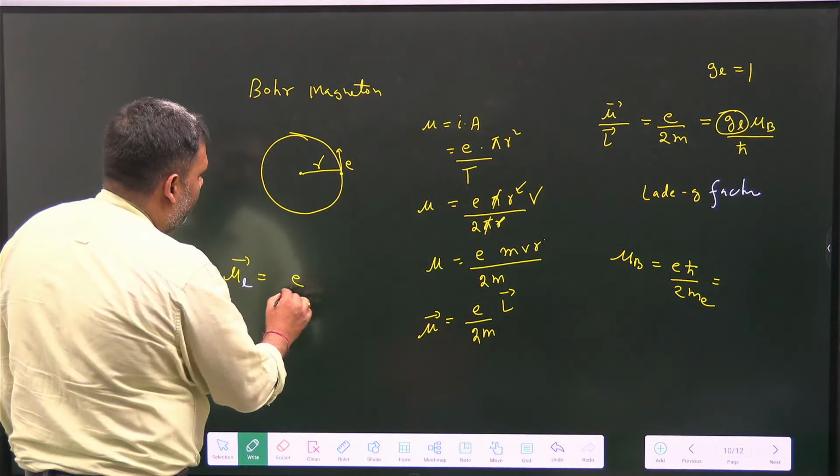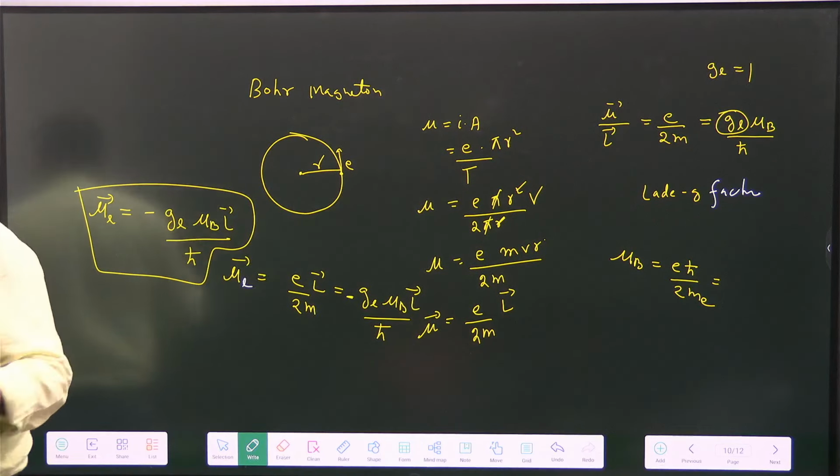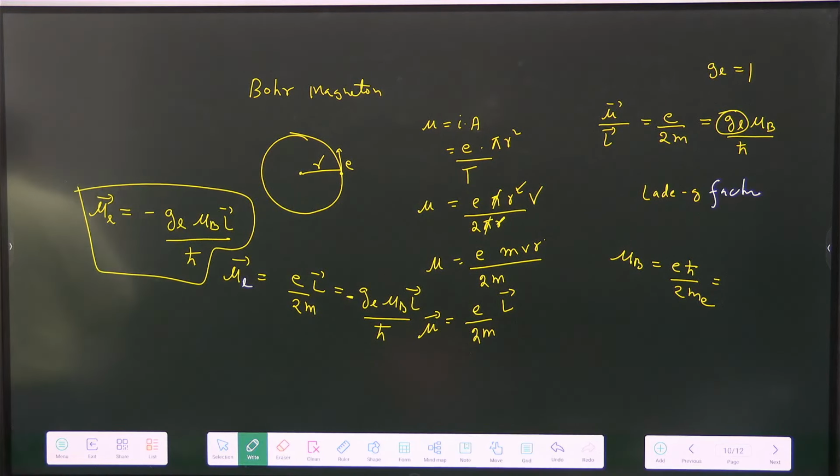So this is our mu L. On the basis of this derivation, we know that the algebra of angular momentum and the spin is almost the same, the behavior is almost the same. So we can also define the magnetic moment due to spin of an electron on the analogy of this one.